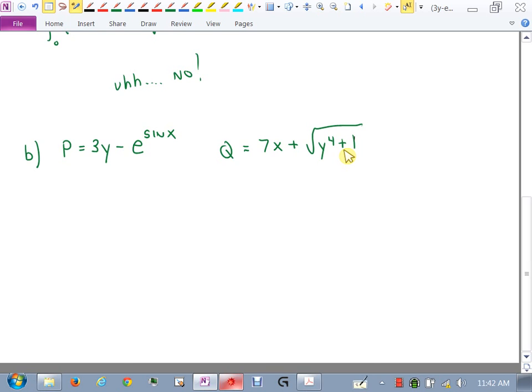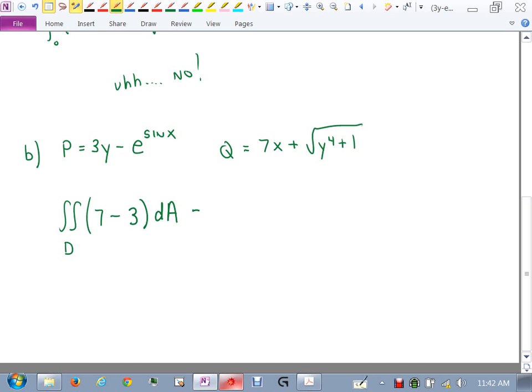My line integral of all that is equivalent to the double integral over D of the partial of Q with respect to x. What's the partial of Q with respect to x? 7, minus the partial of P with respect to y, which is 3, dA.